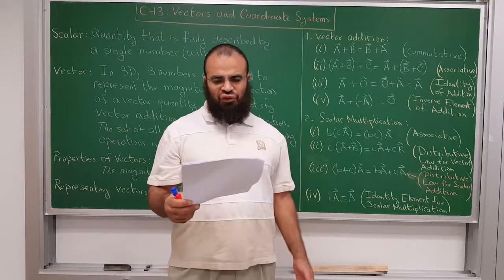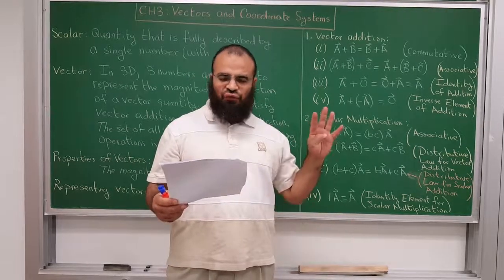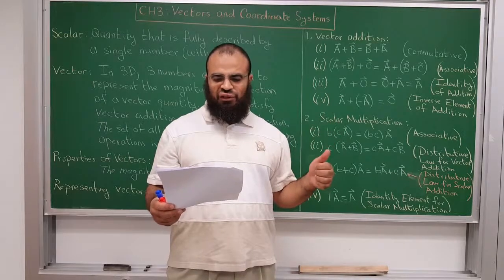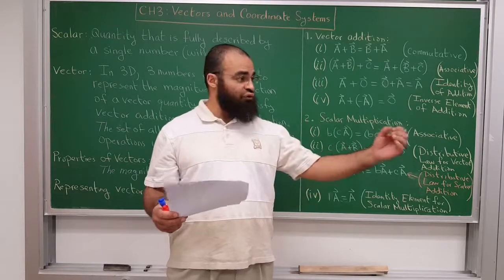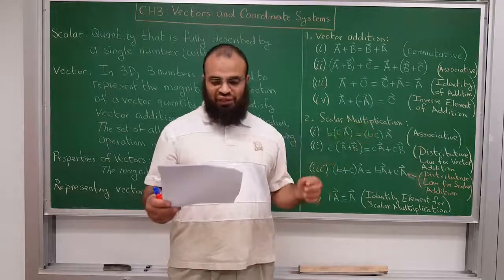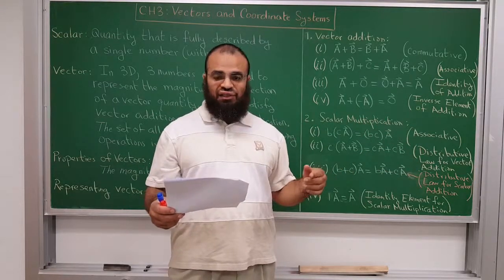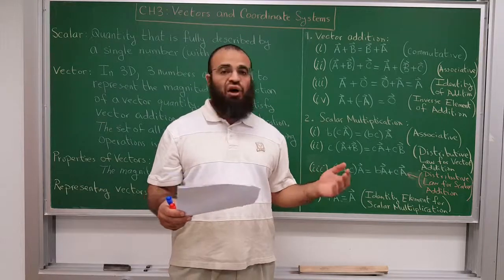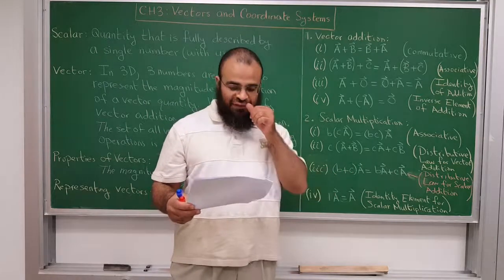And so to choose a coordinate system, you need basically four things. You need an origin, where the zero is, basically where all the axes meet. Then you have to choose the axes, and then you have to choose what is the positive direction.